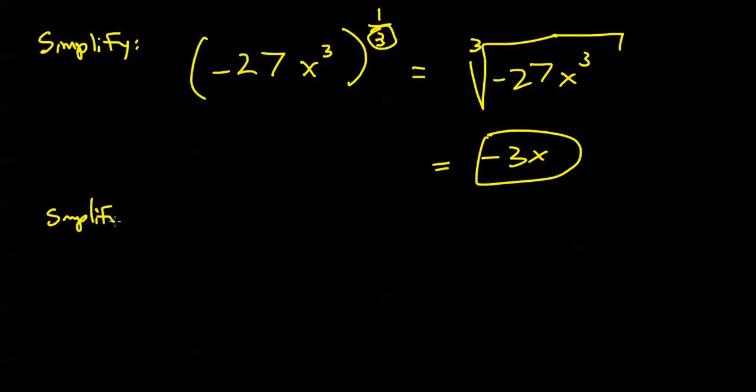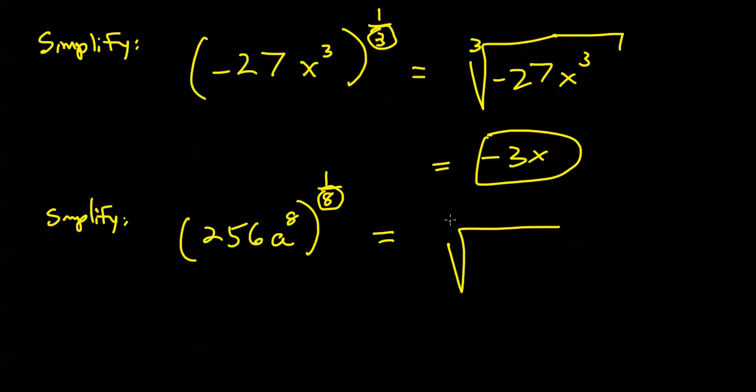Simplify. Again, another expression. 256 times a to the 8th power, to the 1/8th power. Alright? Again, if your numerator is 1 on that fractional exponent, you just take your denominator root, the 8th root of 256 a to the 8th power.